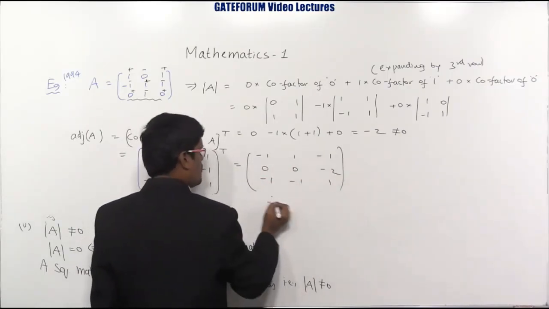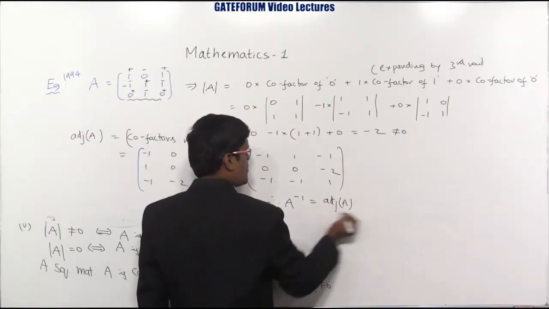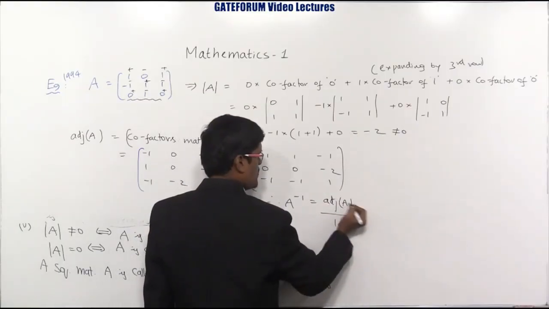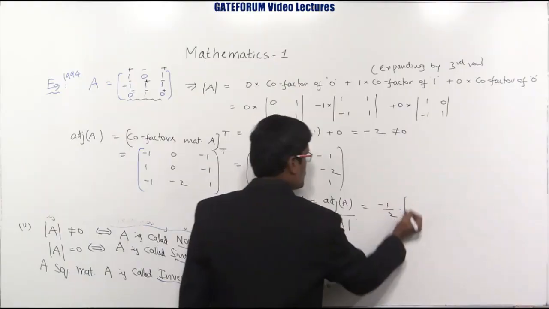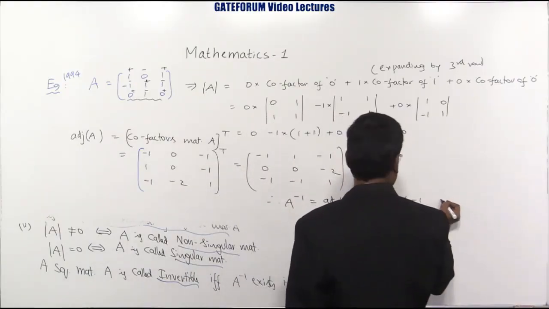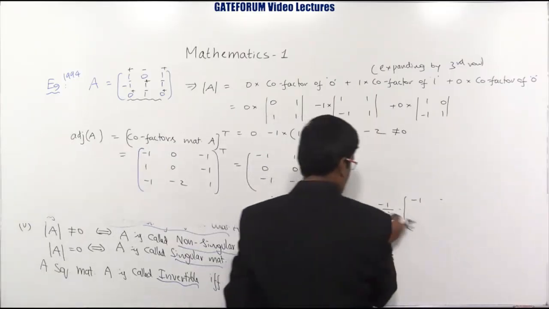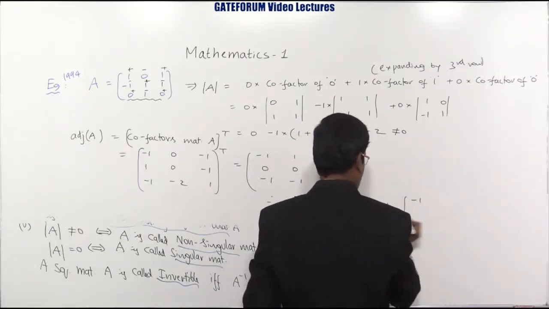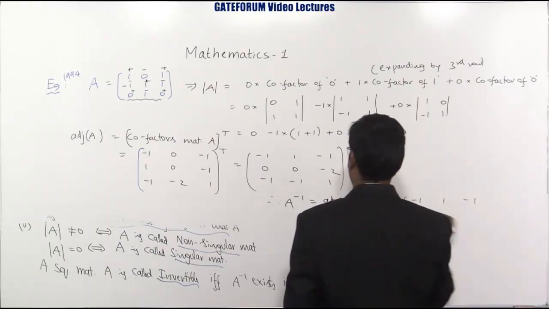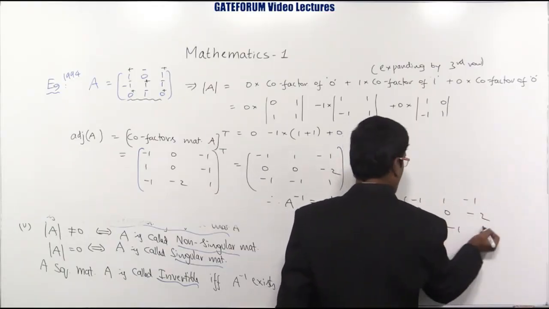So therefore, A inverse is equal to adjoint A divided by det A, which is nothing but minus 1 by 2 into the matrix: minus 1, 1, minus 1, 0, 0, minus 2, minus 1, minus 1, 1.